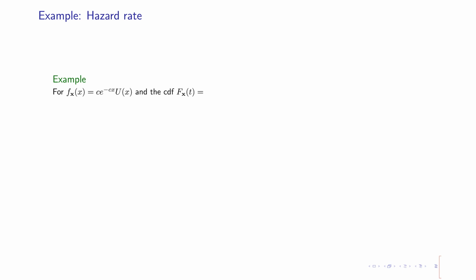As an example, take the hazard rate for the exponential PDF c e^(-ct) u(t) and the CDF 1 minus e^(-ct) u(t), because if you integrate it, you get this one. You will get the hazard rate quickly as follows.